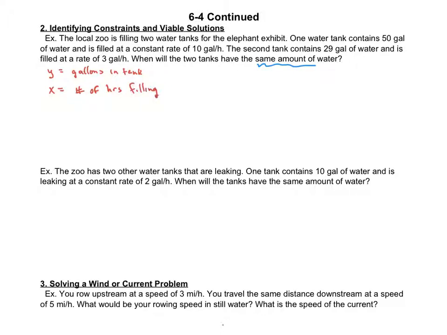So tank 1, the first water tank that we talk about, is going to be y, its total amount of gallons, equal to 10 gallons per hour plus 50 gallons. And tank 2 is going to be y equal to 3 gallons per hour, and then plus 29.